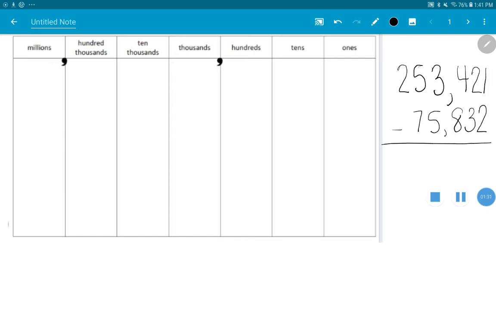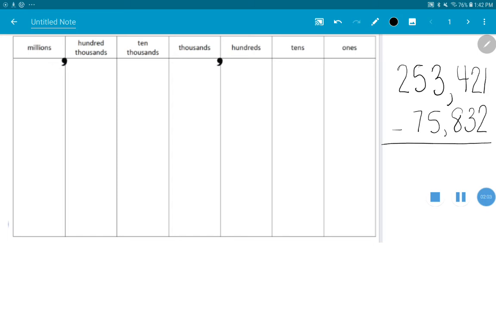Let's talk about writing that problem really quickly. What's the largest place value in the total, the number on top? 200,000. In the part that we're taking away, 75,832, what's the biggest place value there? 7 what? What place value is that 7 in? 10,000. Okay.